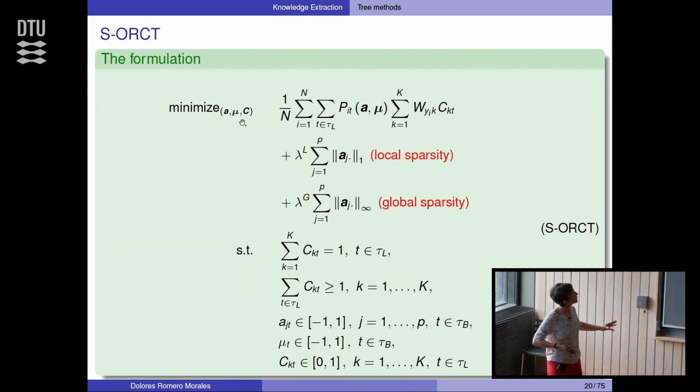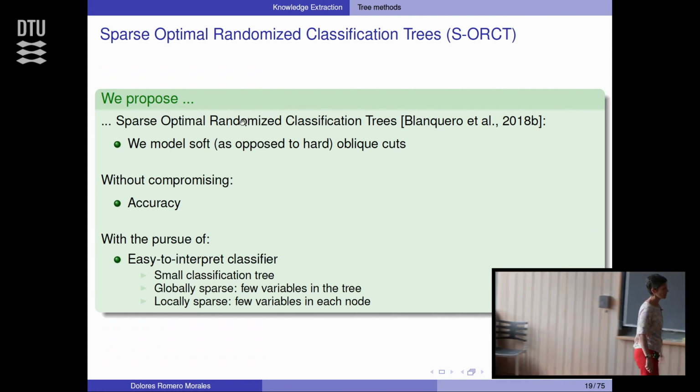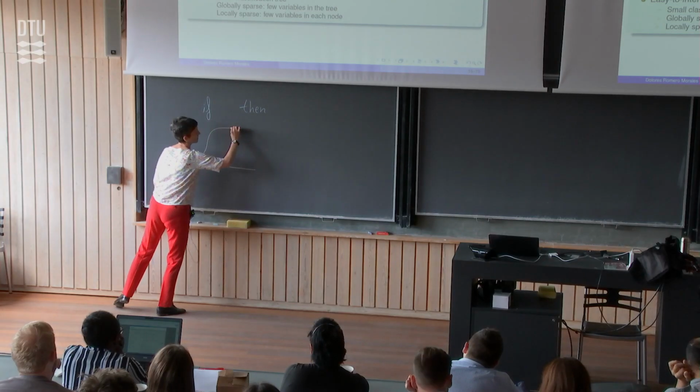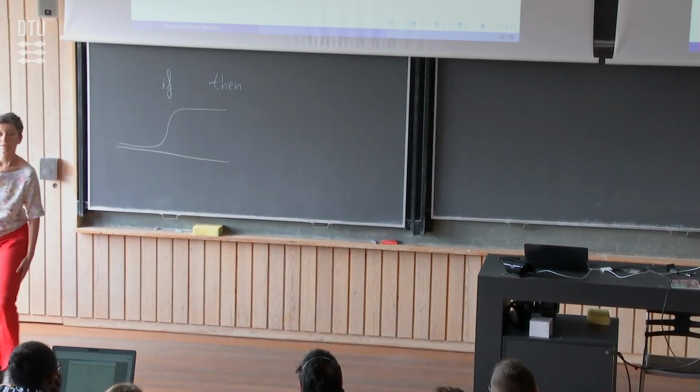So how did we do our soft decision rules? Imagine, I think you are going to recognize this function. This is the logistic function, right?